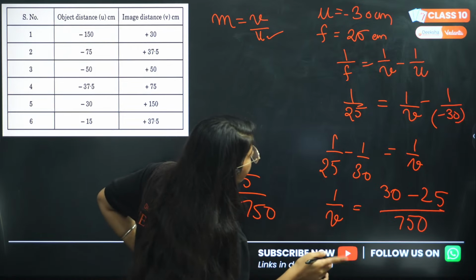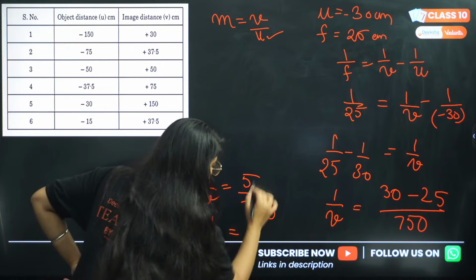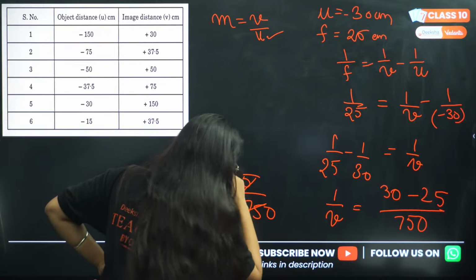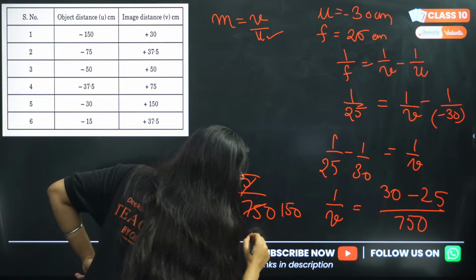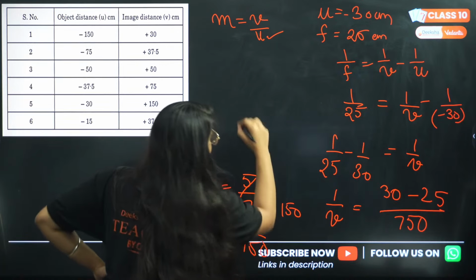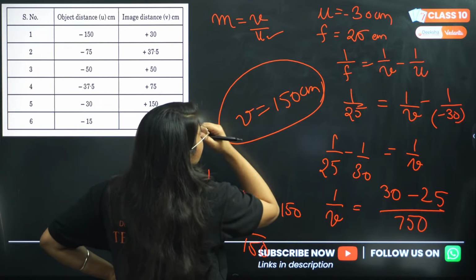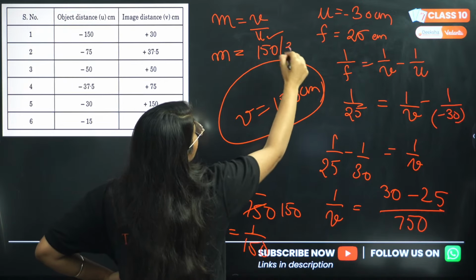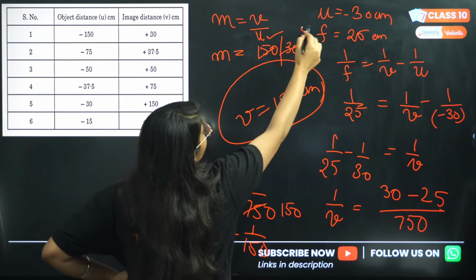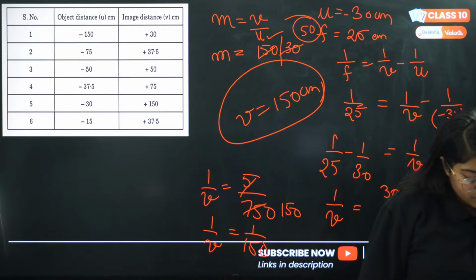Are the signs correct? The signs are correct. And 1 by v will be 1 by 150, so v will be 150 centimeter. And then we'll calculate magnification. v is 150, u was 30, so this will be 5. Correct? Let's move on to the next question.